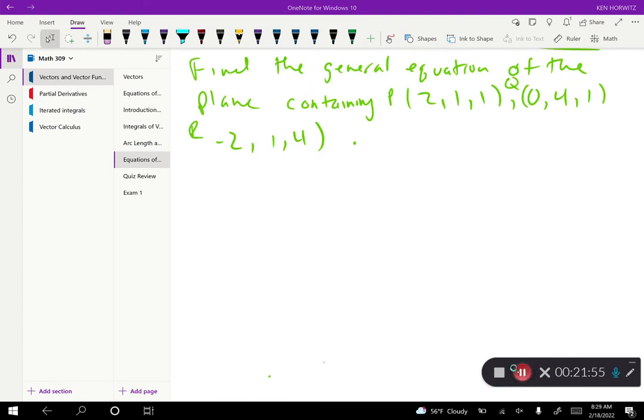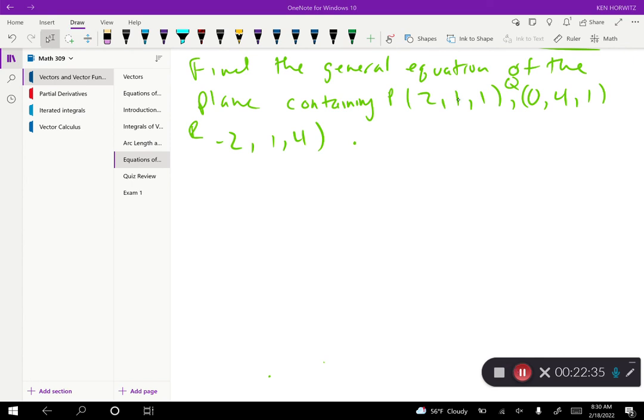All right, so here's our next example. Find the equation of the plane containing point P (2, 1, 1), point Q (0, 4, 1), point R (negative 2, 1, 4). It's not the example I wanted to do.